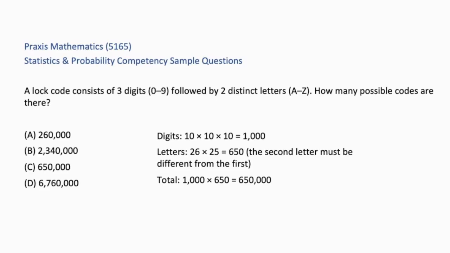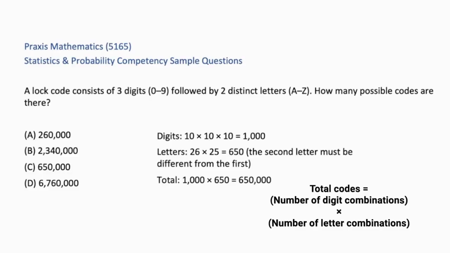For digits, each digit can be 0 to 9. That equals 10 choices each. Total digit combination is 10 times 10 times 10, which equals 1,000. Letters, 2 letters, but they must be different. First letter choice is 26. Second letter choice, 25 choices. Can't repeat the first.